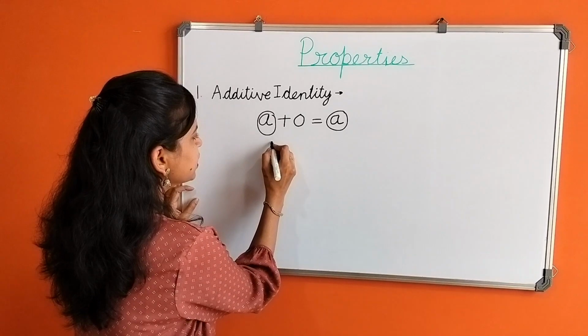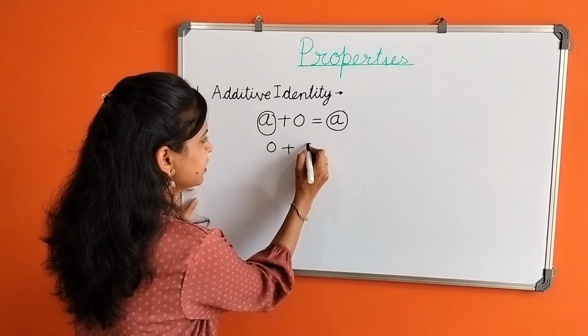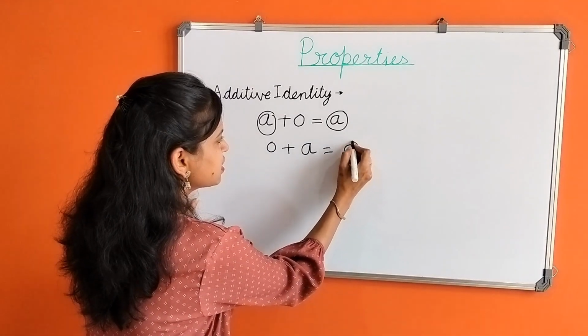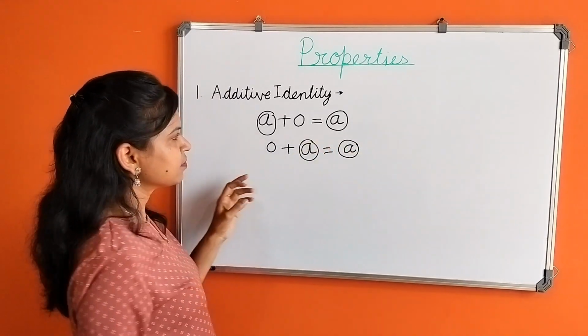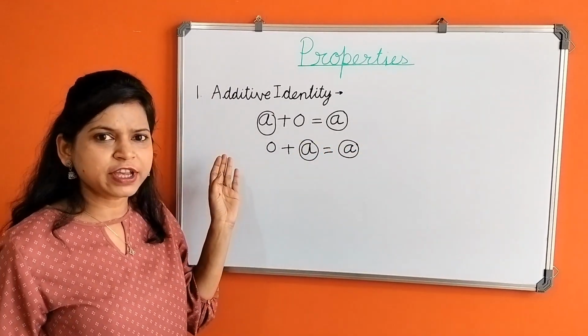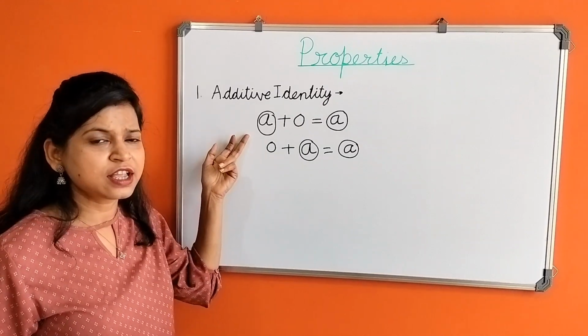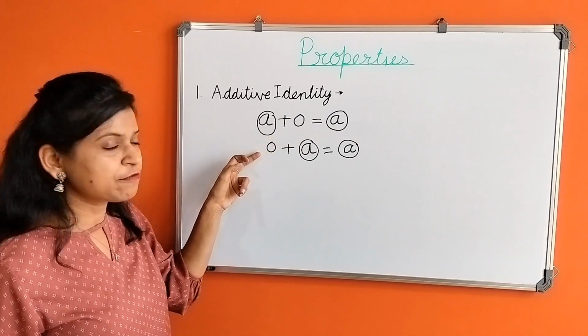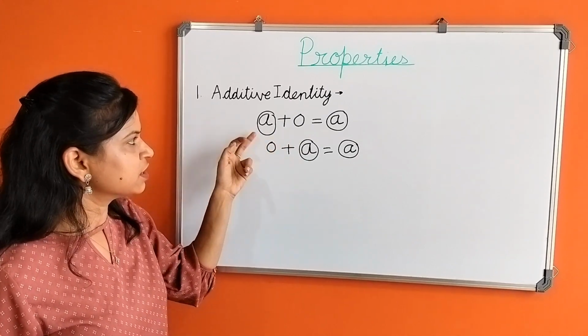Or if with 0 we are adding any integer, the answer will be again the same integer. So whenever we add 0 with any integer, the answer will be the same integer. 0 will not affect the integer.